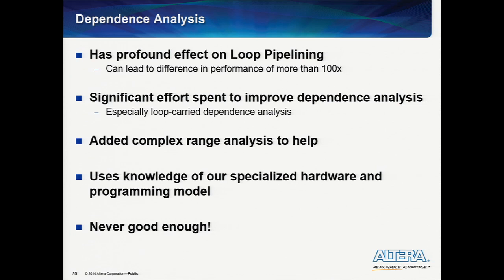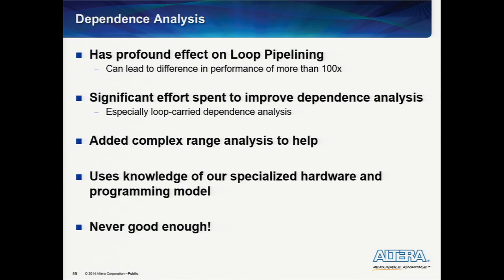We're going to analyze the pointer ranges for each load store unit that can talk to the same piece of memory, and we're going to bank it so that each load store is only talking to a smaller subset of the actual physical memory addresses. And we can look at what banks all of these load stores are talking to, and if they don't talk to the same banks at all, then obviously there's no dependence there.